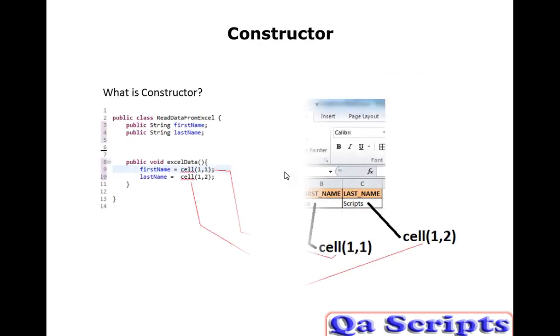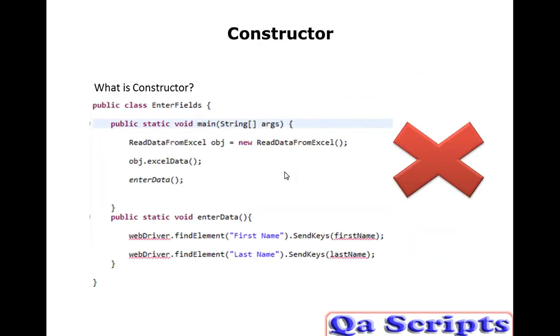Is it possible to do it in this way? I will modify that test script where I will create one object using the read data from Excel class. Then I will call the method, object dot Excel data. Then I will call the method where I am going to enter the first name and last name in the application. If I modify my script and execute, what happens?